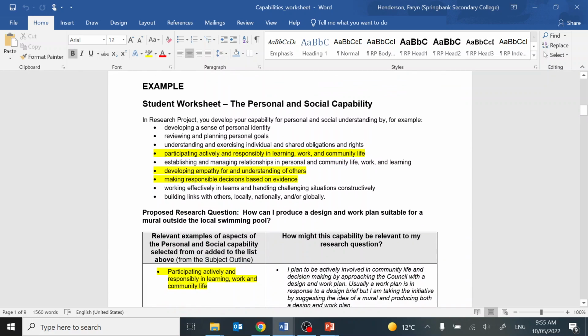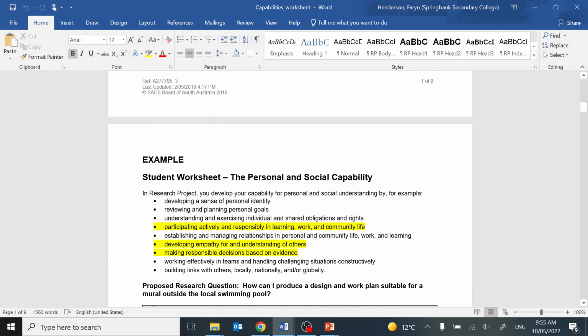It is totally optional. Now, this is an example provided. A student has picked the personal and social capability. These are the dot points that you can develop during your research project. They've picked participating actively and responsibly in learning, developing empathy and understanding for others, making responsible decisions based on evidence.